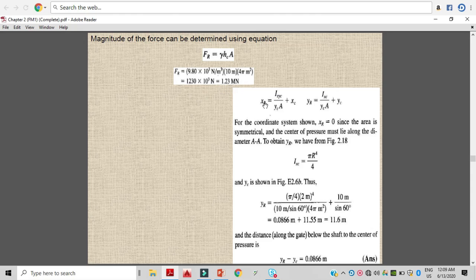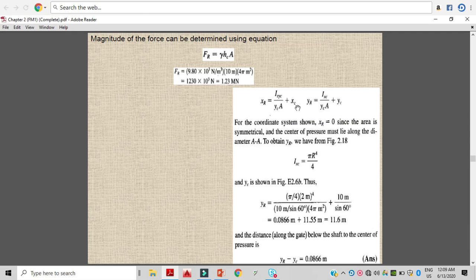Our next step is to find the location of the net resultant force. What is the formula for the location? XR is equal to Ixyc over yc A plus xc. YR is equal to Ixc over yc A plus yc, that we derived previously. So XR will be away by some distance in X, and it will also be away from the centroid in the Y direction.